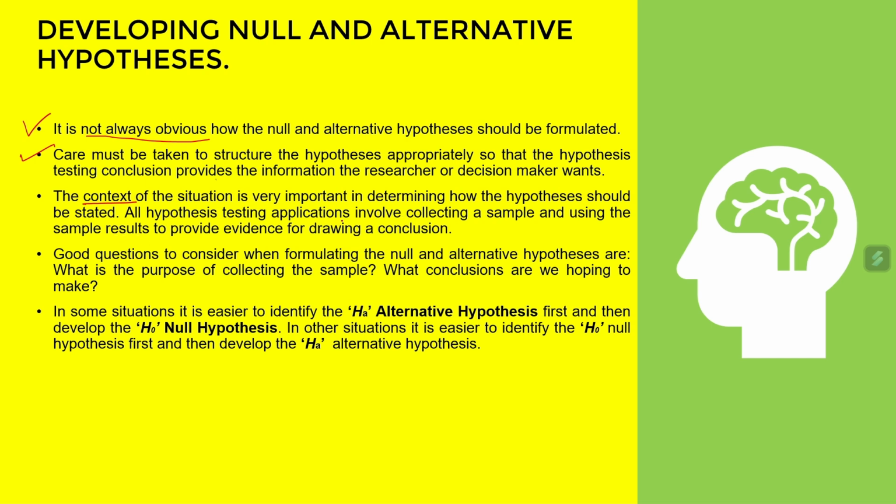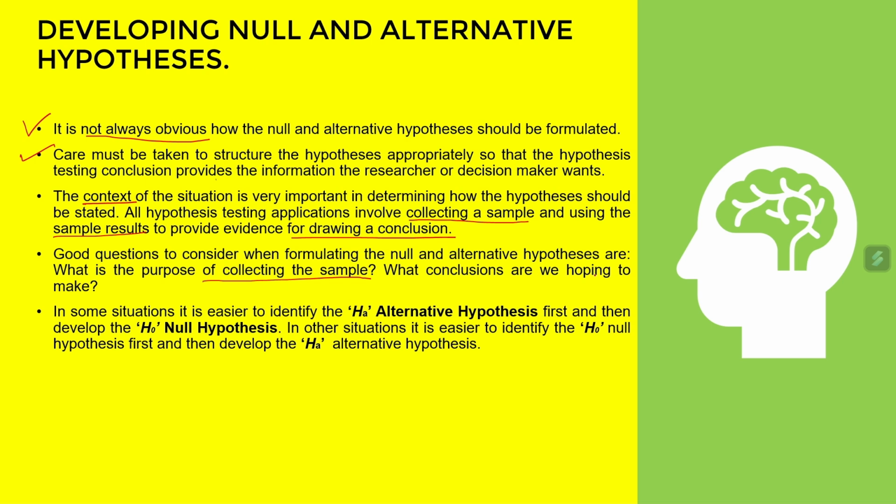All hypothesis testing applications involve collecting a sample and using the sample results to provide evidence for drawing a conclusion. Good questions to consider when formulating the null and alternative hypothesis are: what is the purpose of collecting the sample? We have to always ask ourselves what the purpose behind it is. Why did we collect the sample?